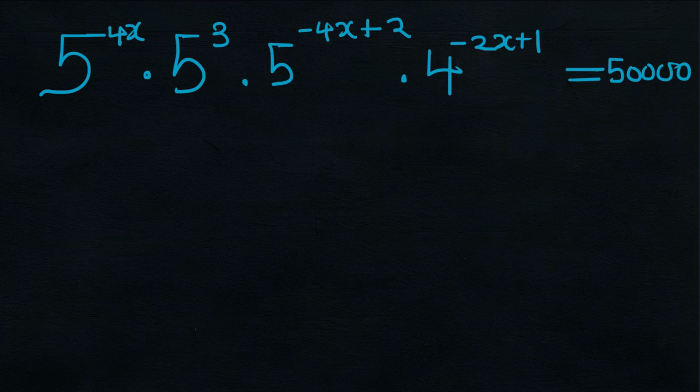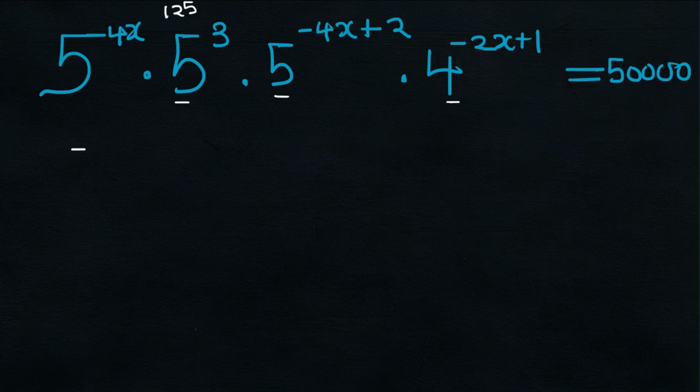So the next step will be to create standalone terms from these numbers. 5 to the power of 3 is going to be 125, so you're going to write 125 here.